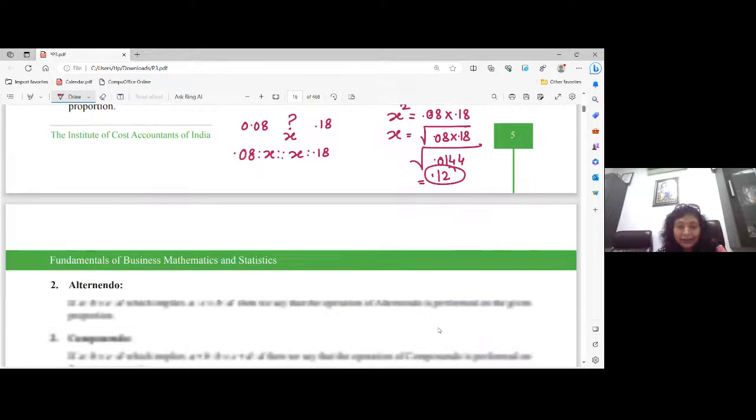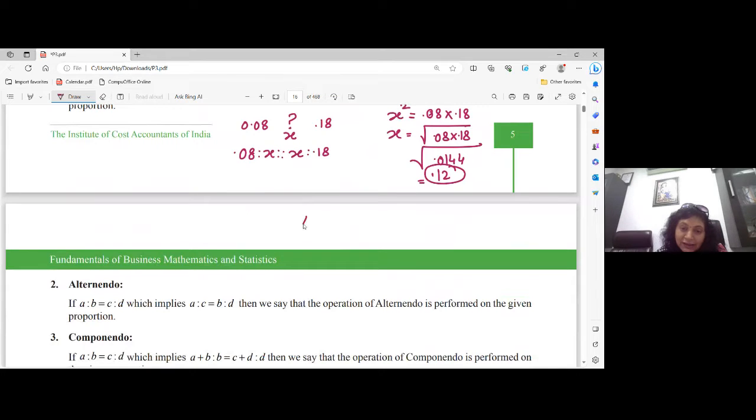Now next thing is we have certain rules. Okay, let's discuss the rules of proportion, or we can say these are also called properties of proportion. Now, what are the different properties of proportion? Let's discuss.